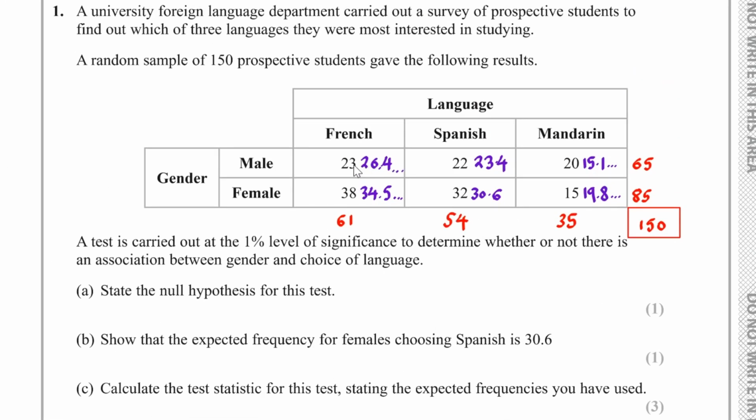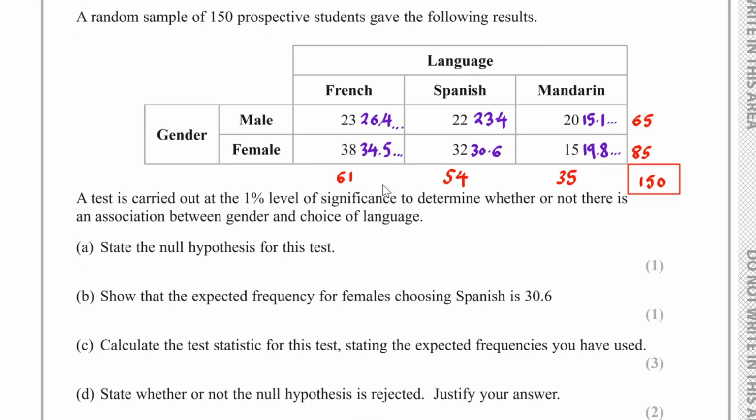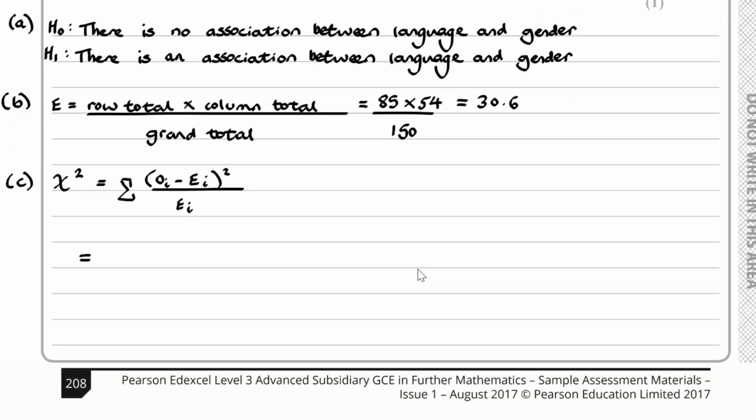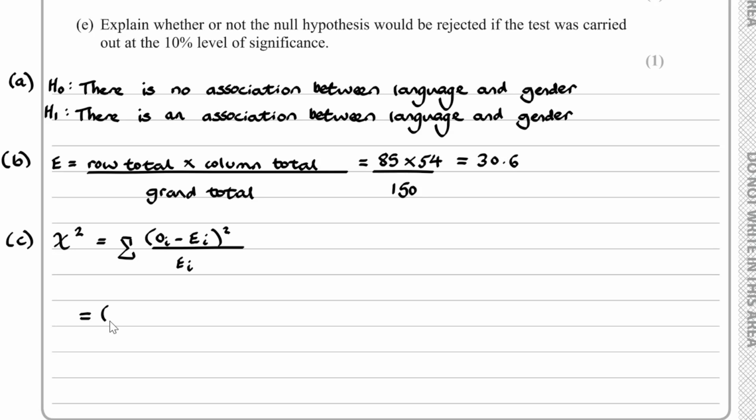Here we have 23 minus 26.4, etc. all squared over 26.4, etc. And then we add on the next value, which is 22 minus 23.4 squared over 23.4.